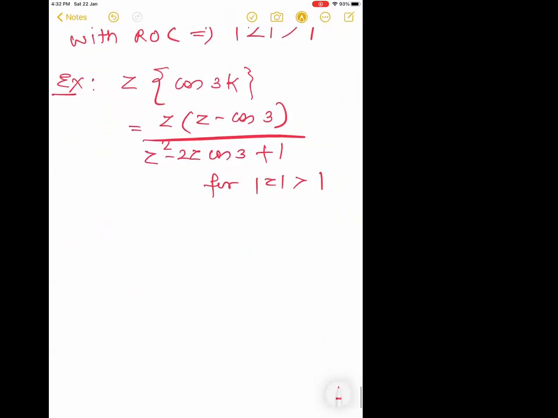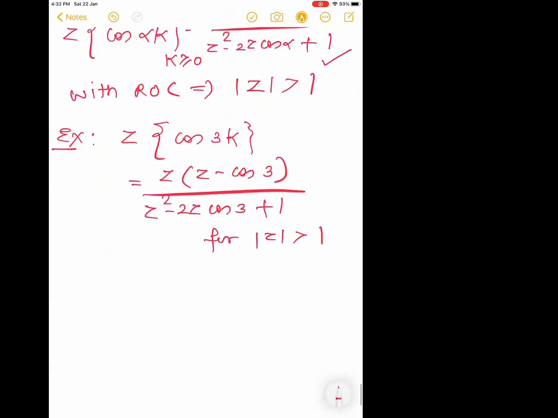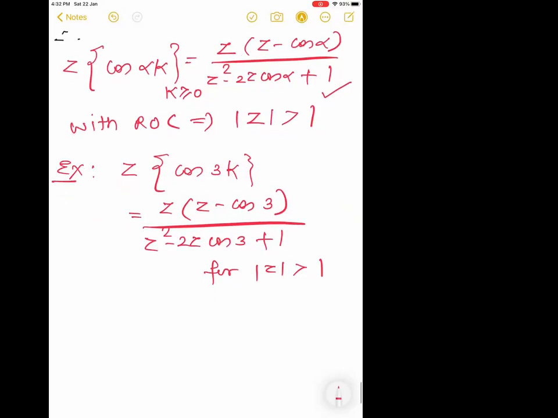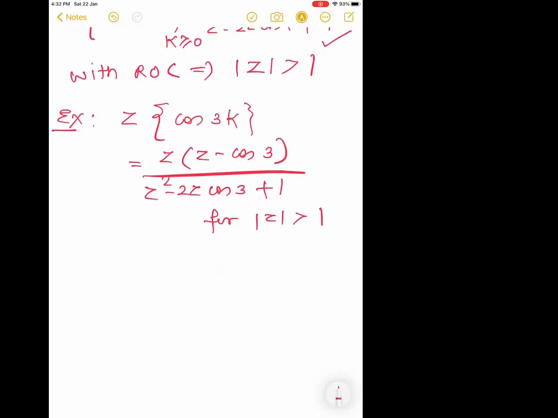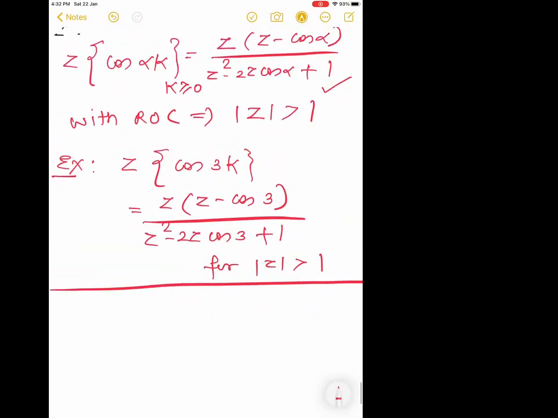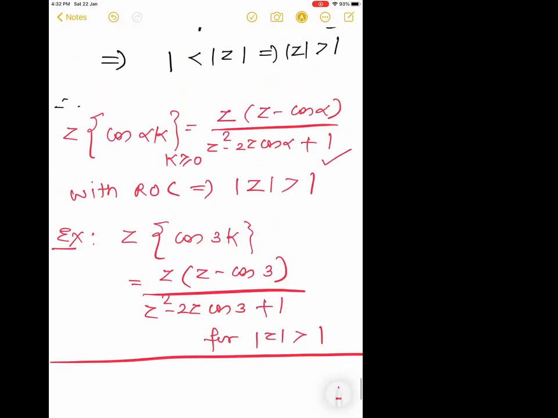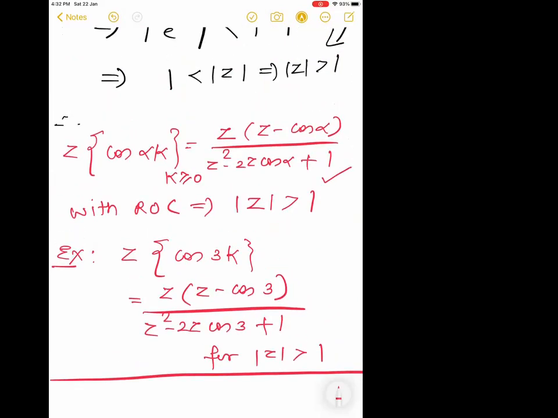Okay. Are you following? Yes, ma'am. Just a minute. Yes. This last form is important, which you have to write, and that way we have to simplify.